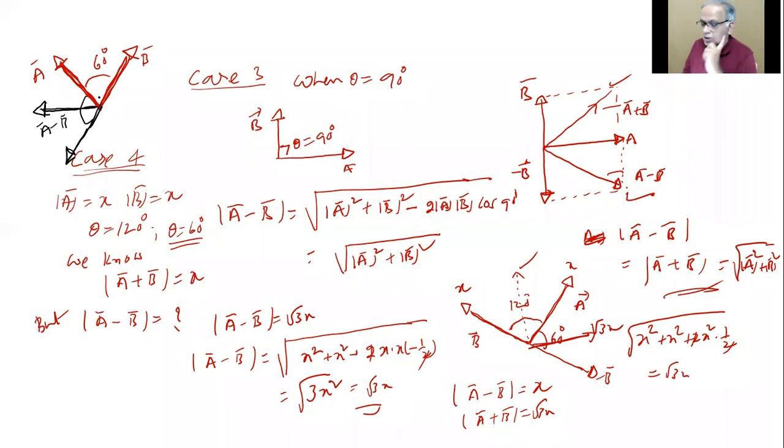Sir, for 90 degrees also, when we subtract the vectors, we get root over a square plus b square, and even that's the same for addition of vectors, no, sir. Only that case. But I showed you already the difference is this one. This is A minus B, that is A plus B.